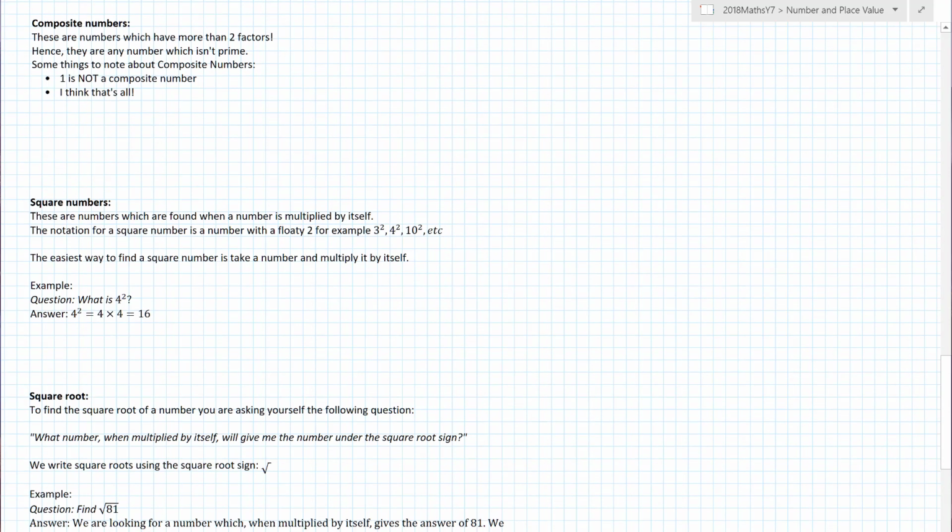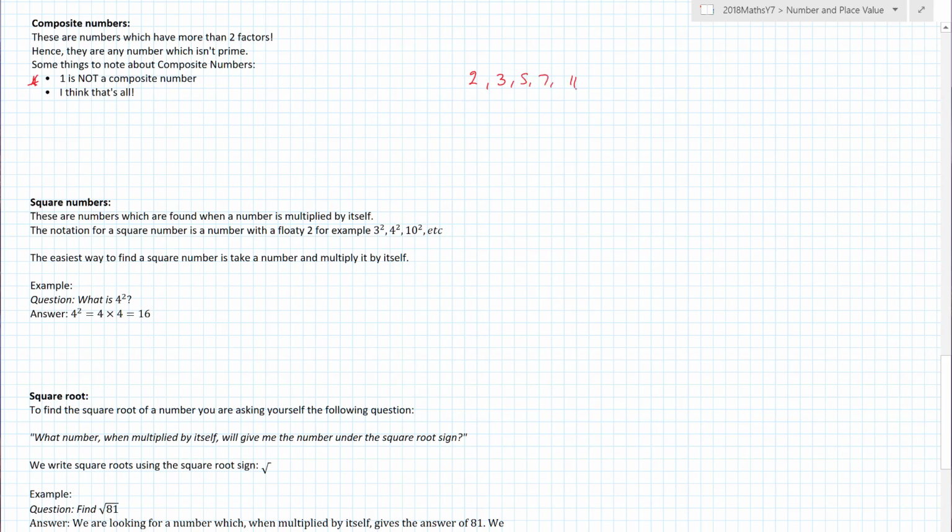Composite numbers. These are numbers which have more than 2 factors. Now, someone recently put in a test: a composite number is every number that isn't prime. Sadly, wrong. Why is it wrong? Because 1 is not a composite number. So if you were to list all of the numbers that aren't prime, so let's say 2, 3, 5, 7, 11, let's just imagine.